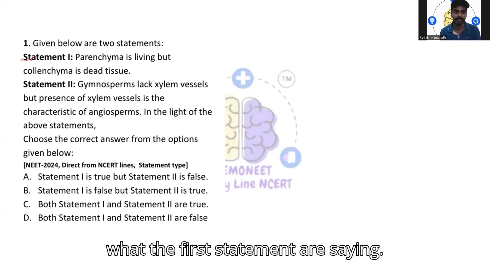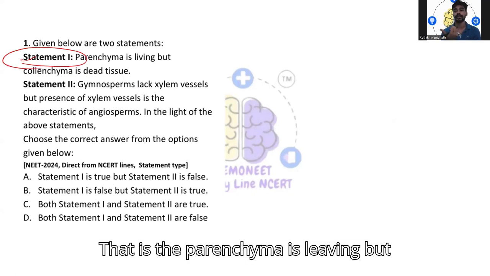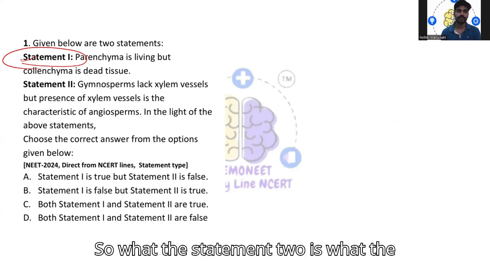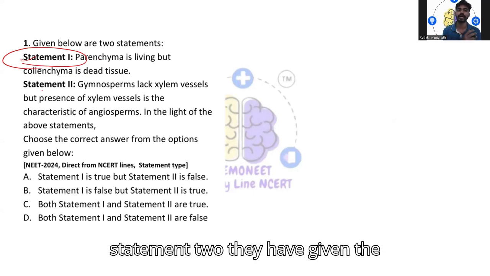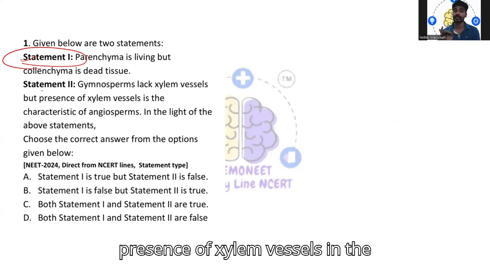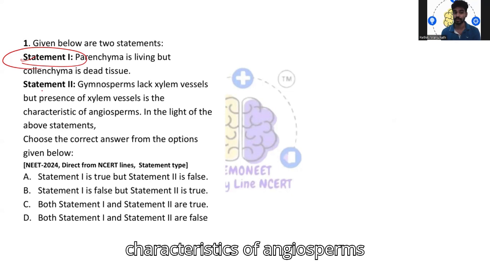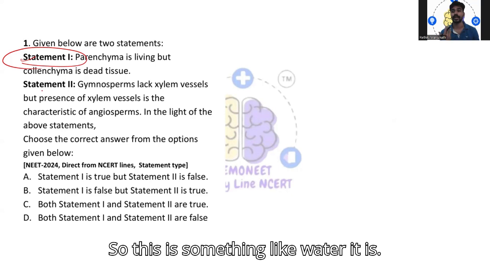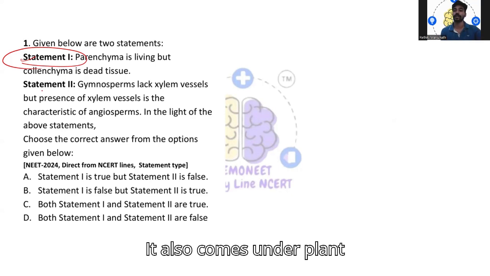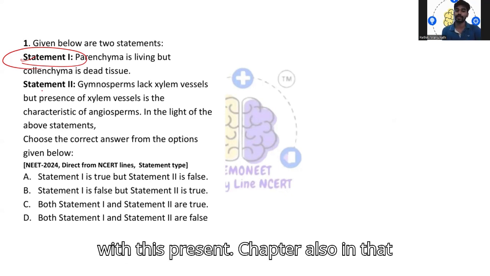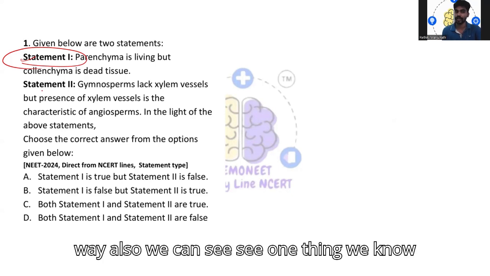Statement two is that gymnosperms lack xylem vessels, but presence of xylem vessels is a characteristic of angiosperms. In the light of the above statements, this also comes under plant kingdom questions, so it is linked with this present chapter also.